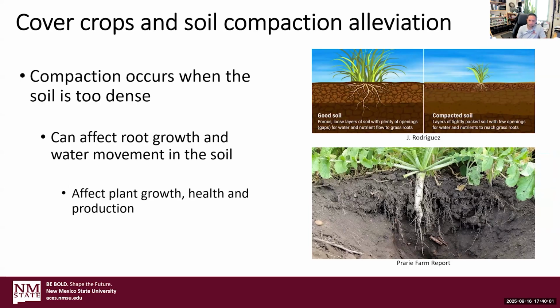So if the soil is too compact, those roots aren't able to spread, and the roots sort of tend to stay in one area, and so you get really small, compacted plants, and they're not able to grow well because they don't have enough root structure to grow healthy and to produce for us.